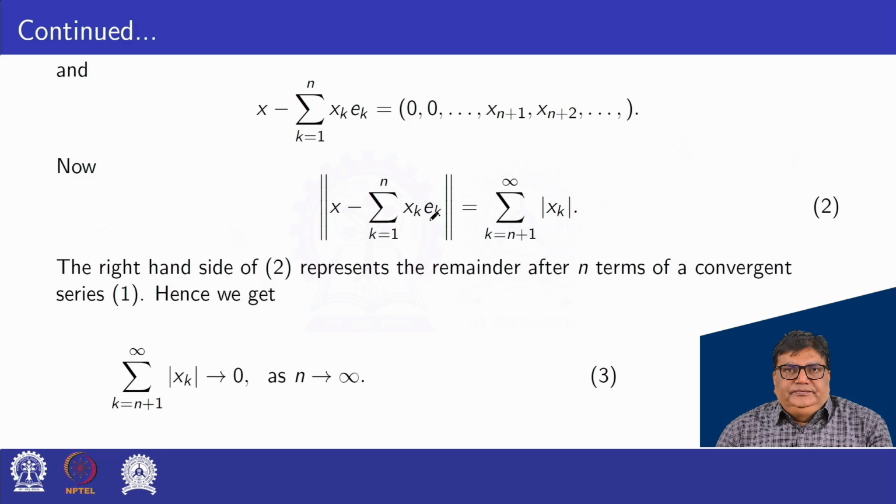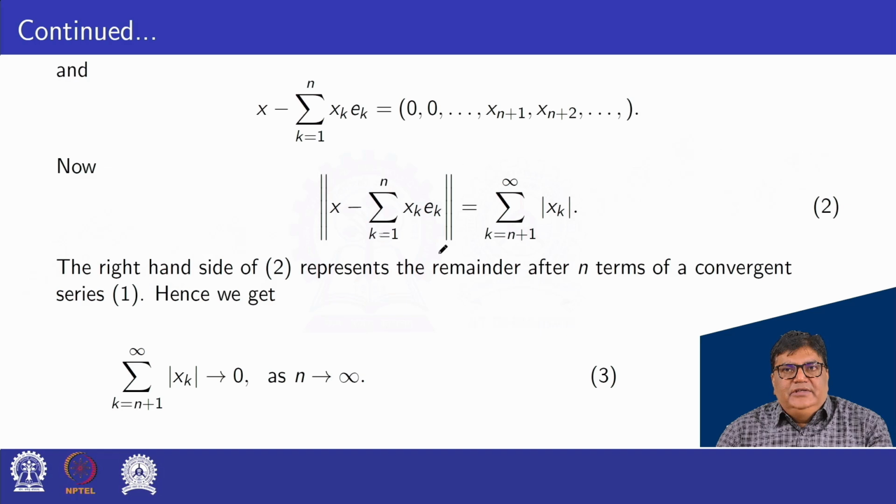Now, the norm of this vector x minus summation k equals 1 to n of xk ek is defined for this infinite dimensional vector, so it is in L1. Hence, the norm can be written as summation k equals n plus 1 to infinity of mod xk.